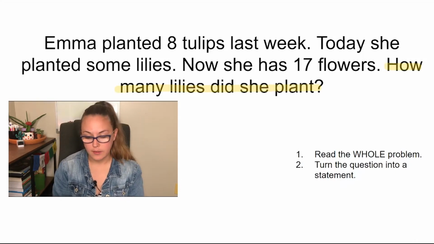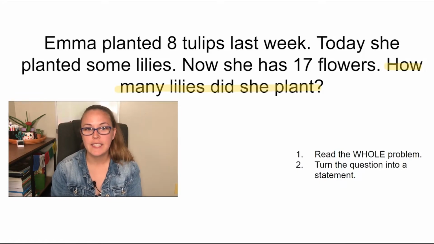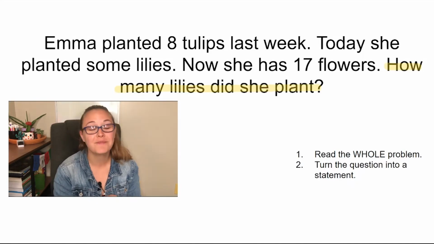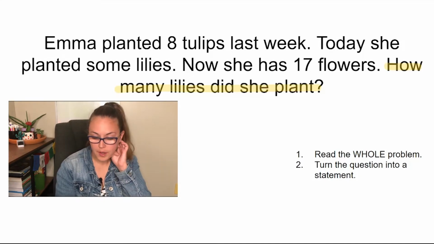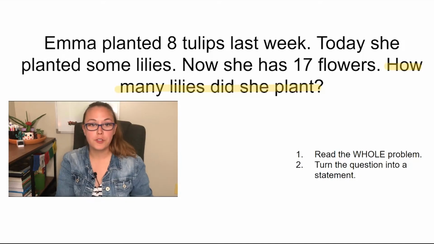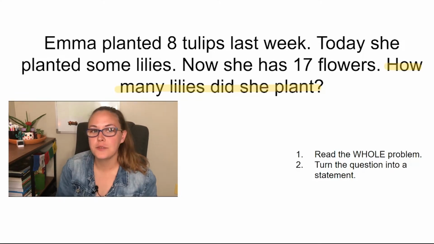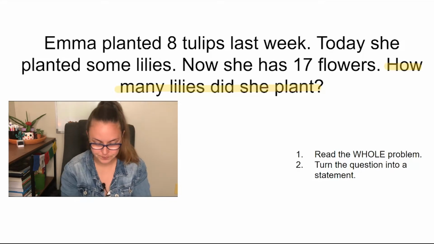How do we do that? What kind of punctuation do we need on the end in order to make it a statement? That's right. We need a period. So at the bottom of your screen, I'm going to turn the question into a statement. I'd like you to do the same, and then let's check our answers when we're finished.